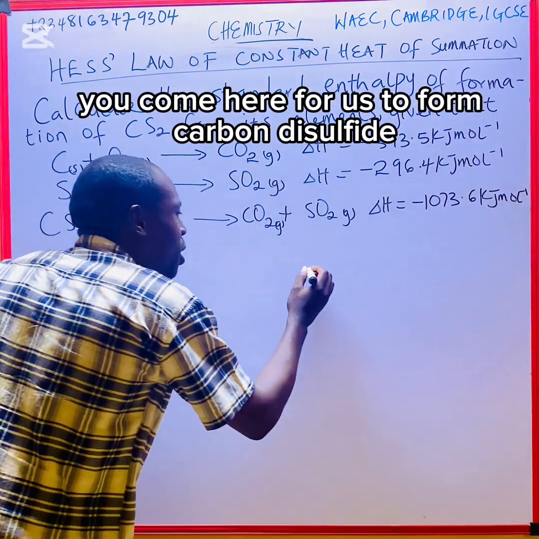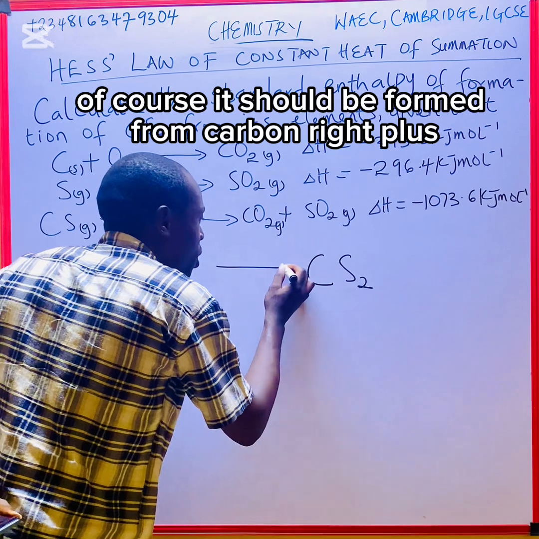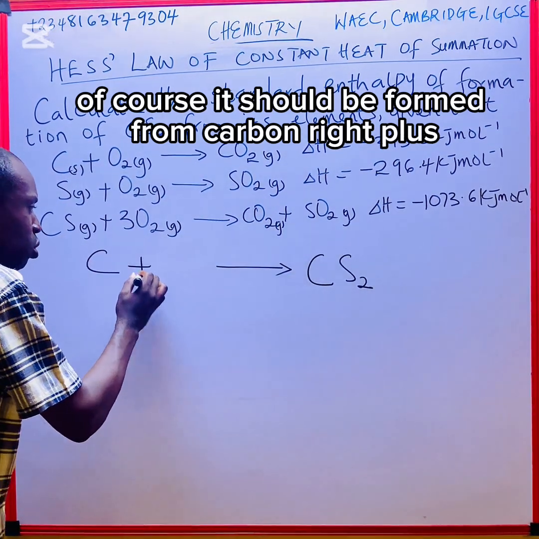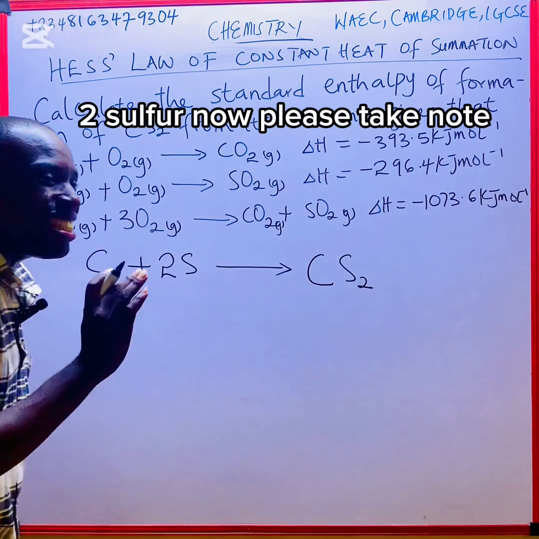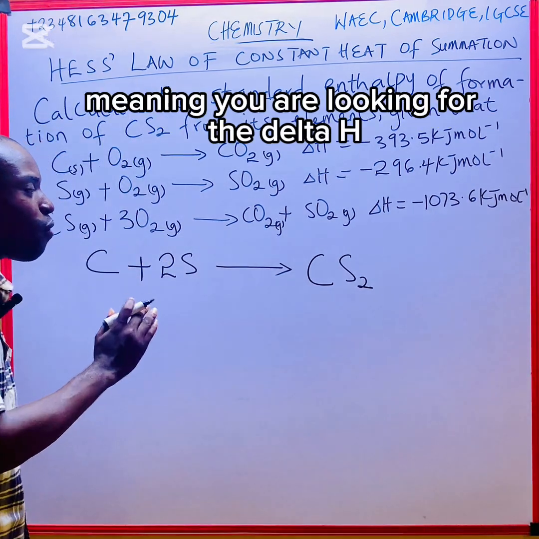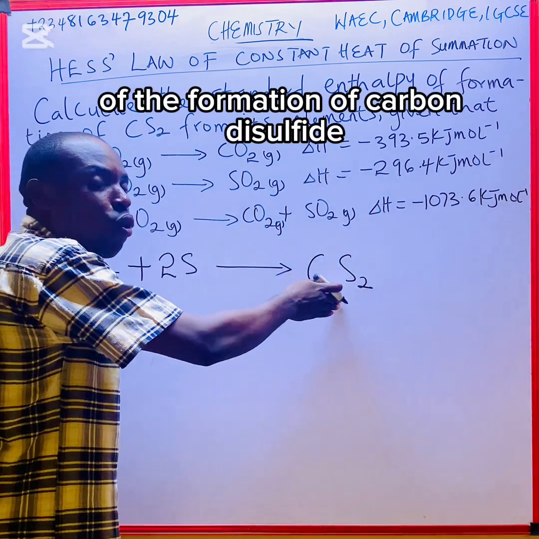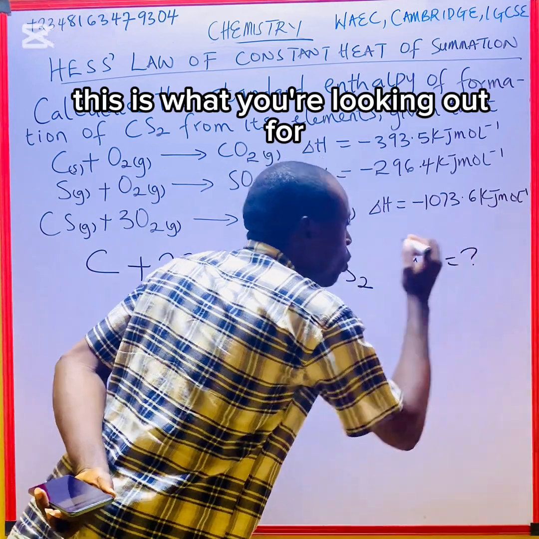For us to form carbon disulfide, of course, it should be formed from carbon plus 2 sulfur. Now, please take note, meaning you are looking for the delta H of the formation of carbon disulfide. This is what you are looking for.